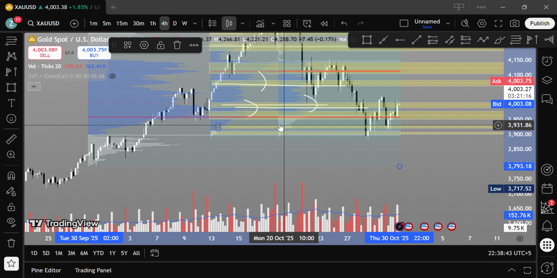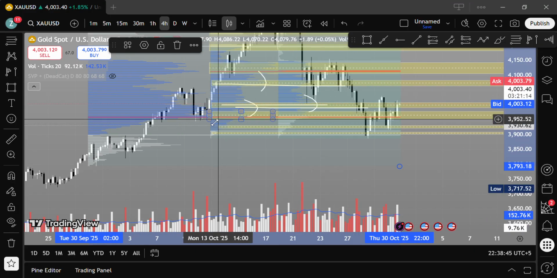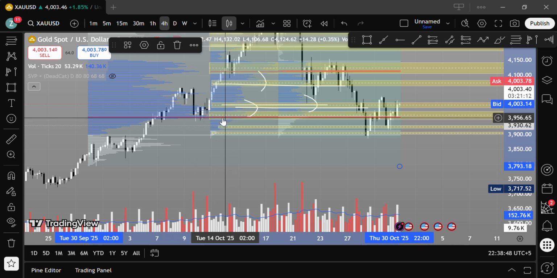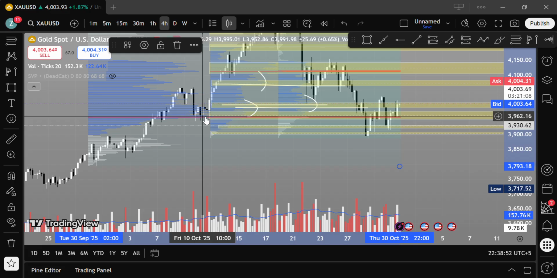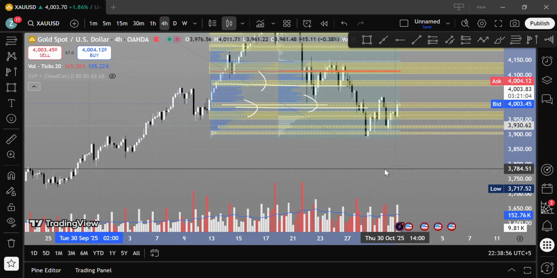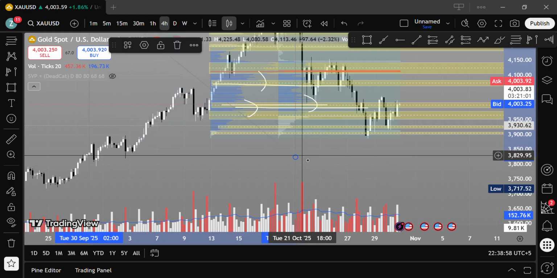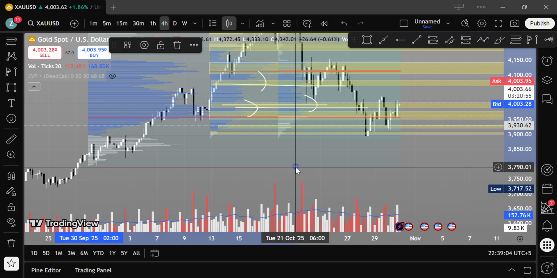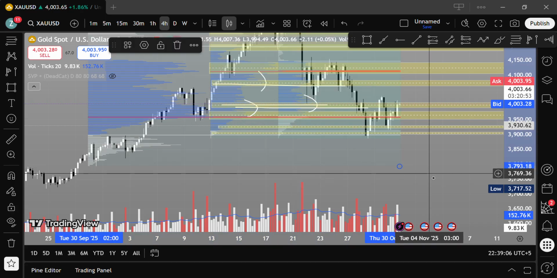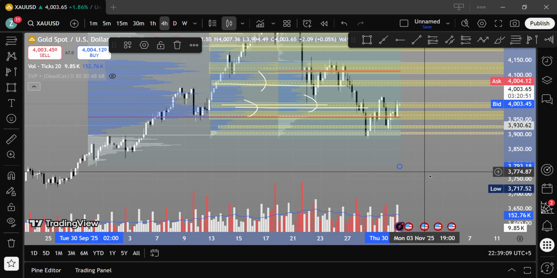We see this consolidation area from here to here, and right at this point we get our point of control. Now if I remove this one till here, the point of control is basically the same. If I move it right to the present day, it is still the same.